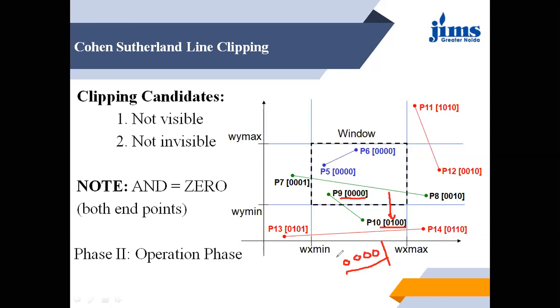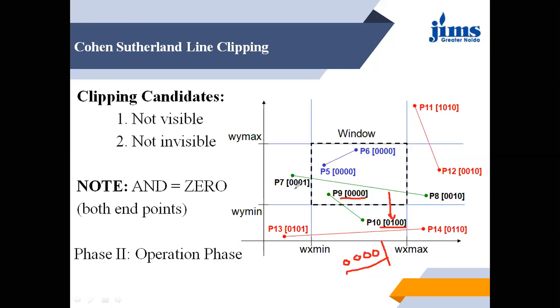Clipping candidate means we have to clip this line. Now we will try to understand this on the second line, P7 and P8, and we will justify whether it is right or not.